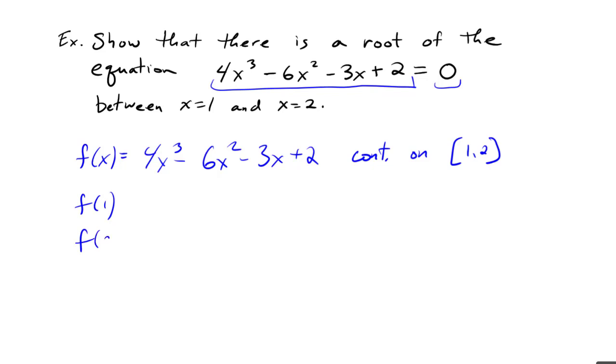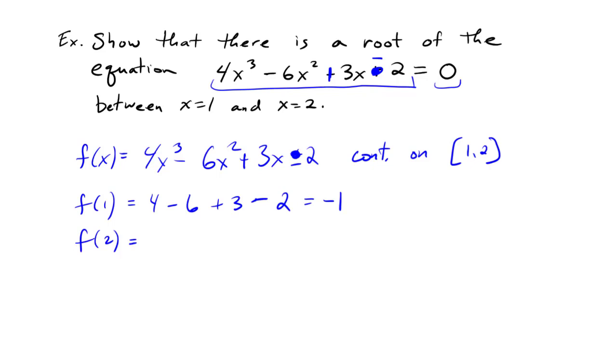So let's find out what we get. If I plug in 1, I'll get 4 minus 6 minus 3 plus 2. Oh, I'm sorry, this should be minus 3x, plus 2. All right, so I'll get this, and this is going to be negative 1.